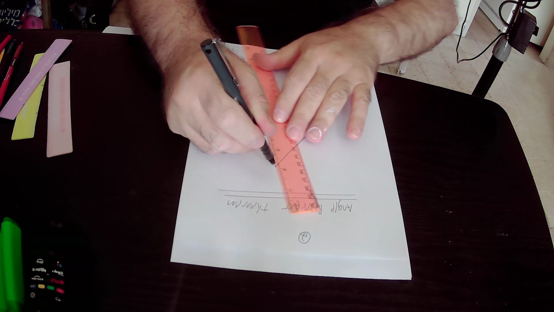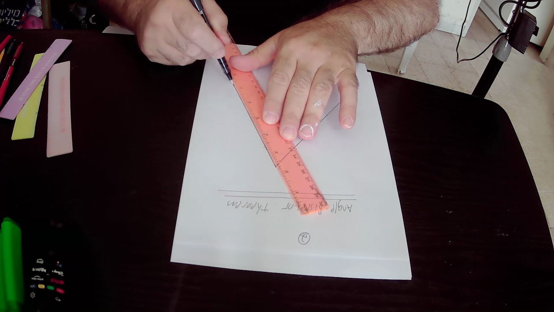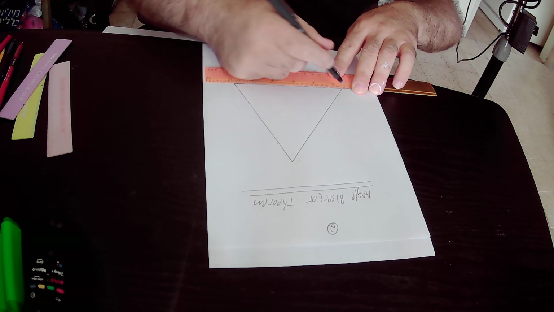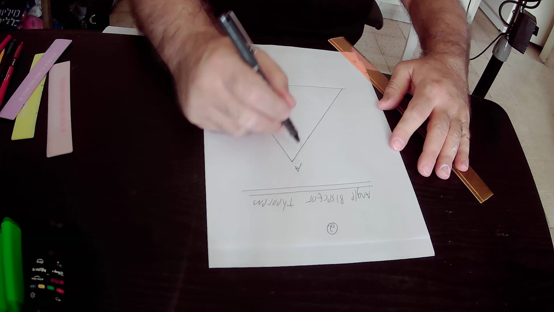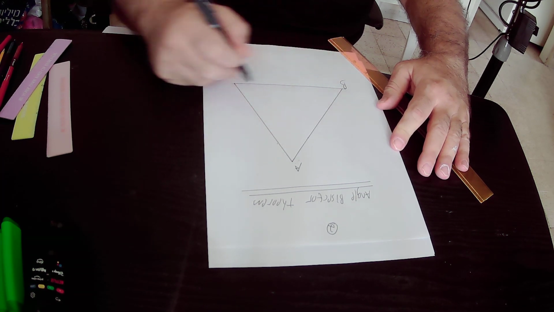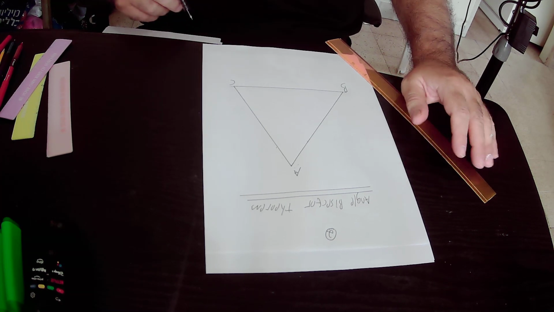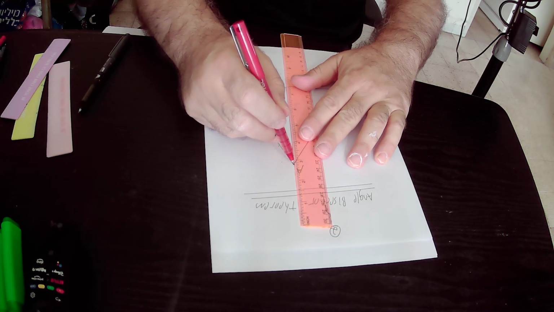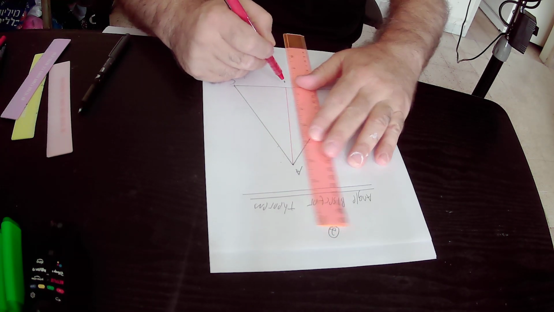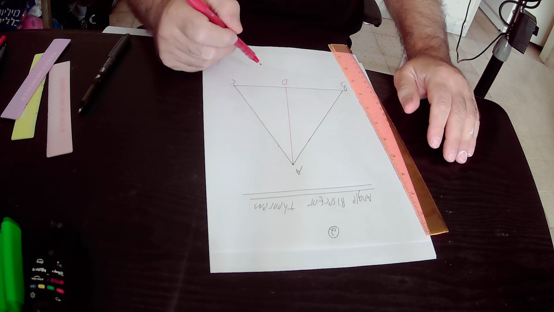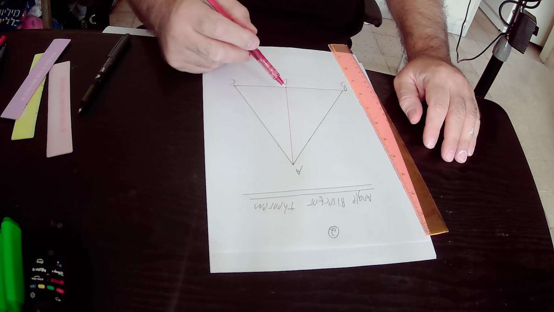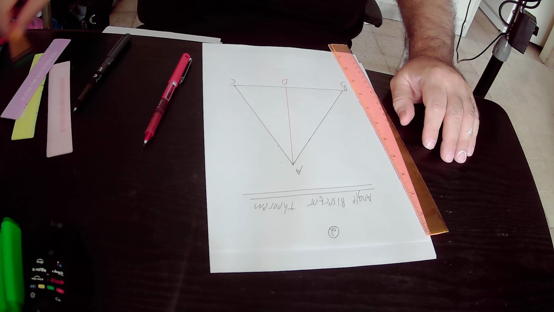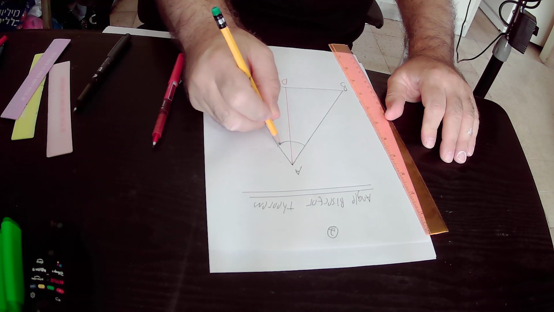If we have triangle ABC, which can be any triangle, and we know that AD is an angle bisector, that is to say AD divides angle BAC into two equal parts.